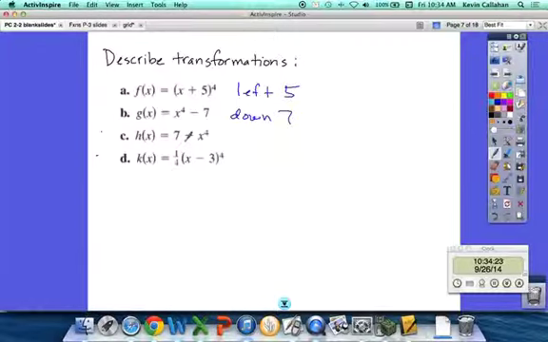So this is up 7, opens down. And what's going on in the last one? Okay, good. So the 1/4 multiplying means shrink. Shrink by a factor of a 4th, right? And then brought the -3 inside. Right 3.